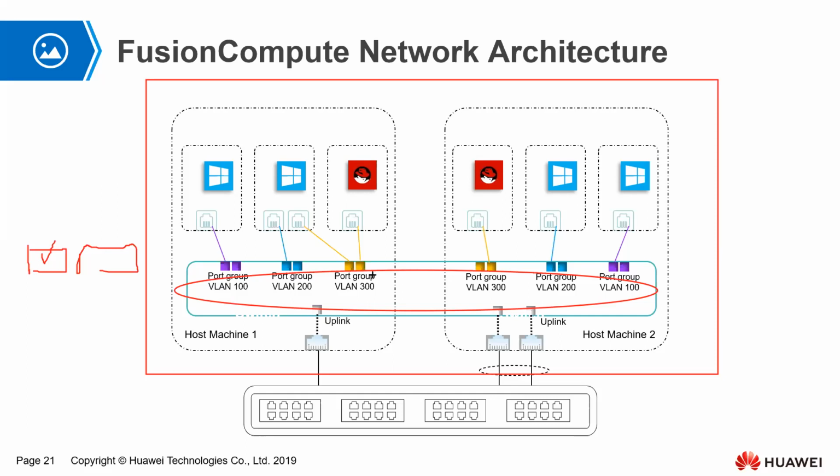Therefore, an uplink aggregation port comprises multiple physical NICs working based on preconfigured load balancing policies, like you see these ones. In brief, an uplink is a port which connects our physical network interface card to the interface of our distributed virtual switch. So an uplink is a link between the physical NIC and the distributed virtual switch.